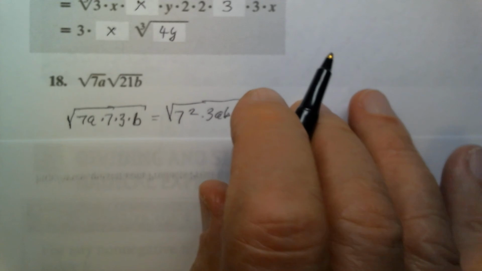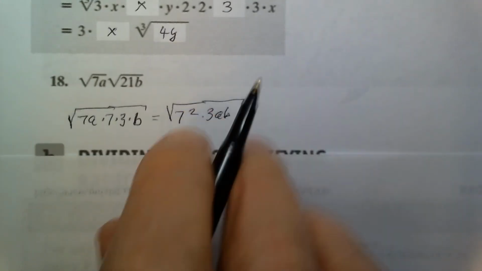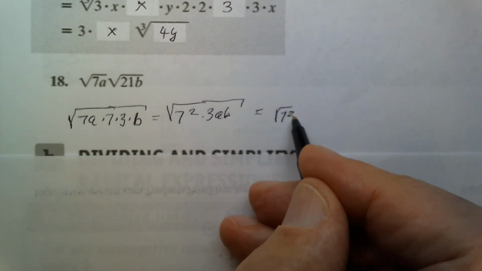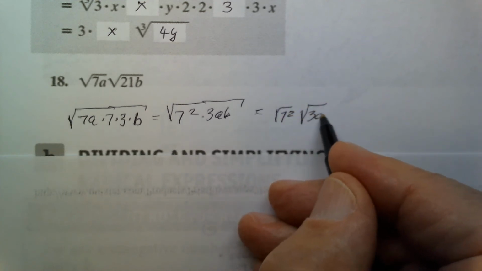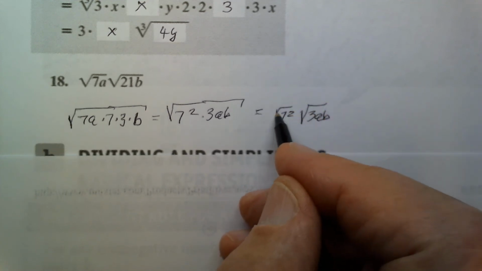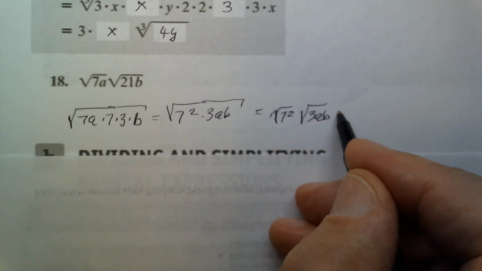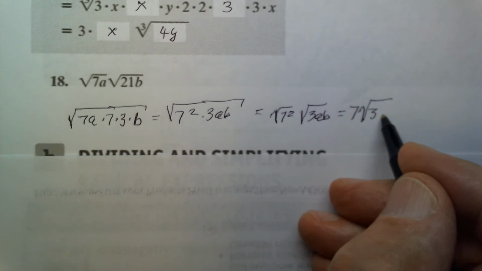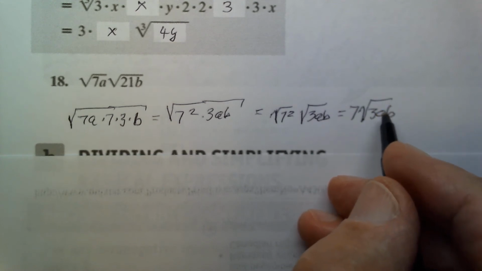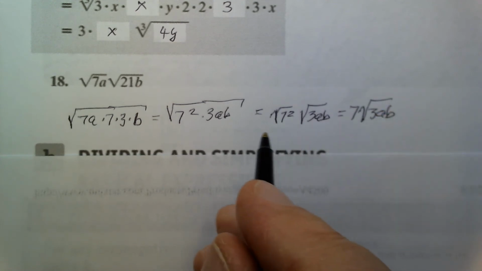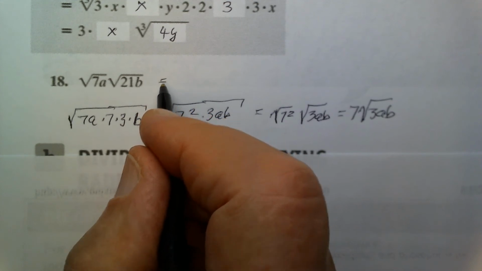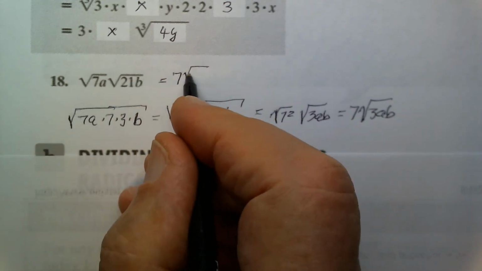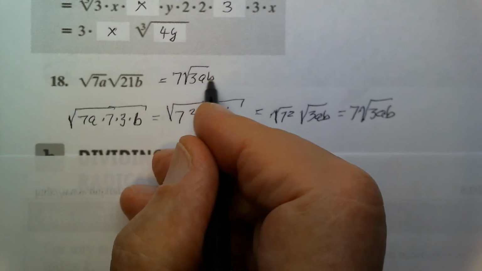So that's the square root of 7 squared times the square root of 3ab. And of course the square root of 7 squared is 7 times the square root of 3ab. So that's the answer to number 18: 7 times the square root of 3ab.